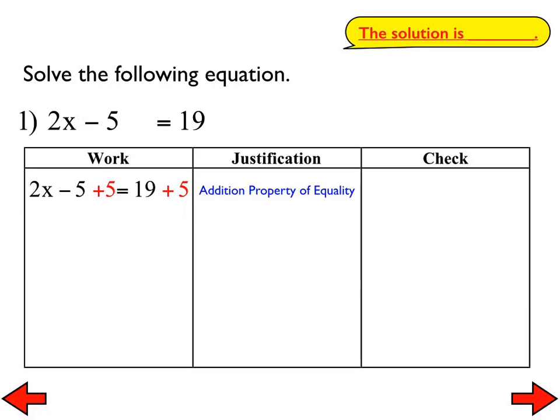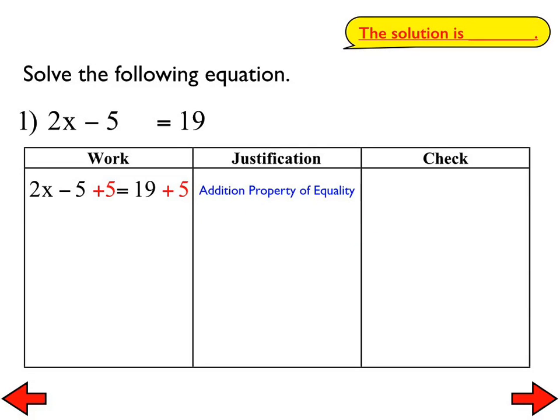Here's how you could abbreviate that: ADD for addition, property can be written like that, of EQ. That's how you could abbreviate addition property of equality. Yours hopefully is neater than mine. It's hard for me to write that small with my finger.